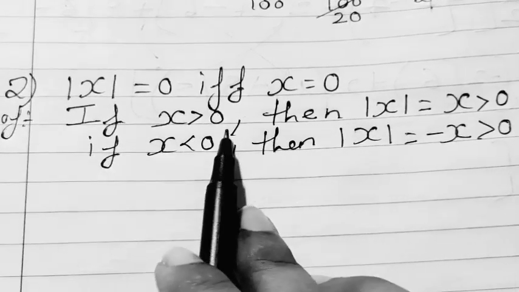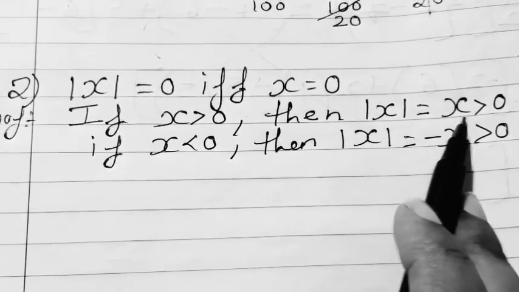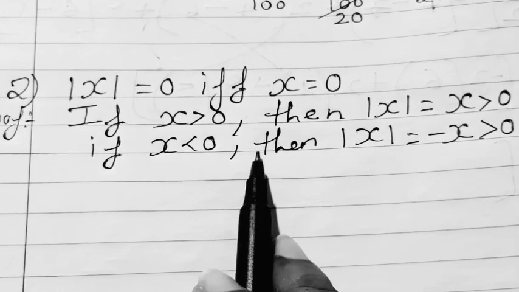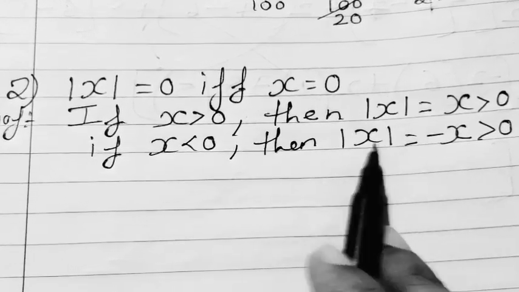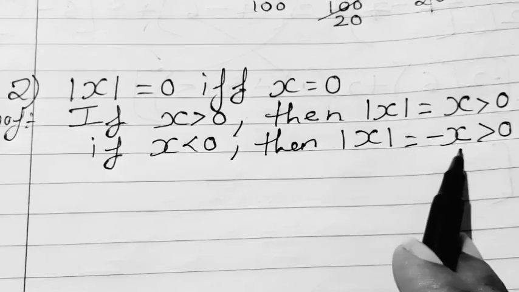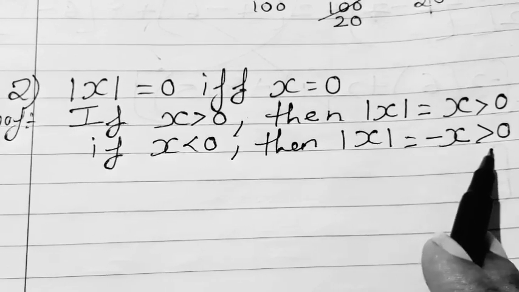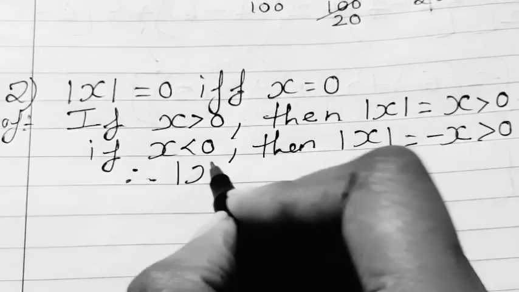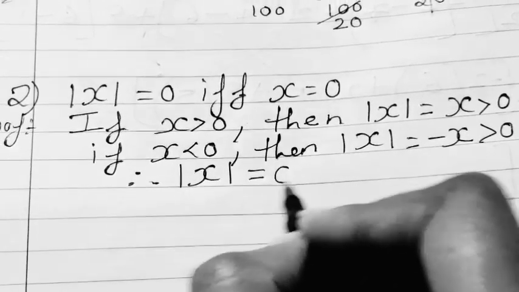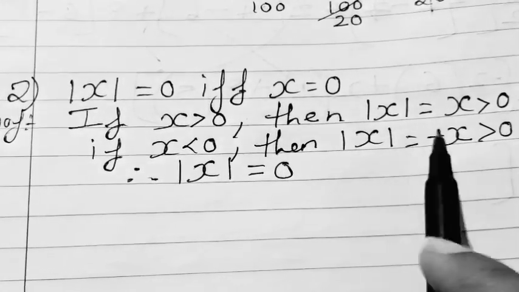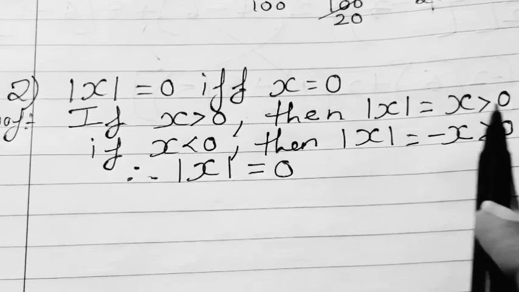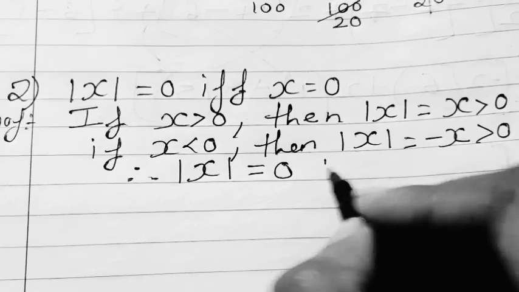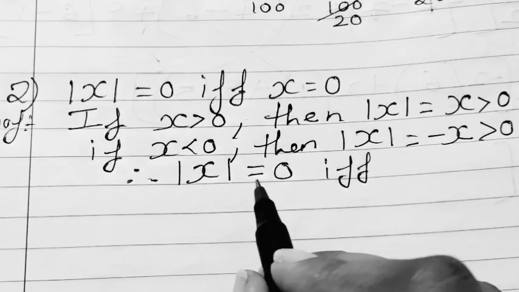Here, if x is greater than 0, then modulus of x is equal to positive x, which is greater than 0. If x is less than 0, modulus of x will be negative x, and it will be greater than 0. So therefore, modulus of x is equal to 0 only when x is 0, because modulus of 0 is 0.